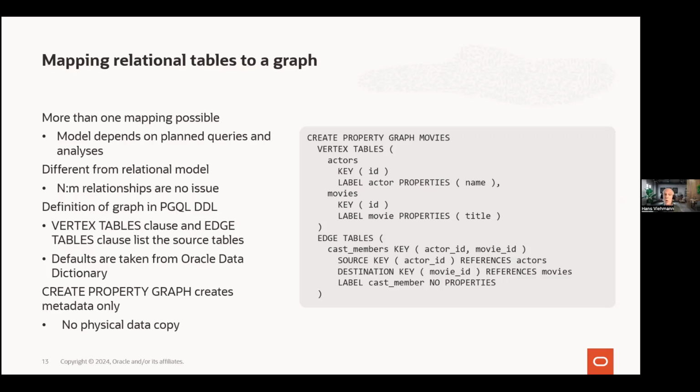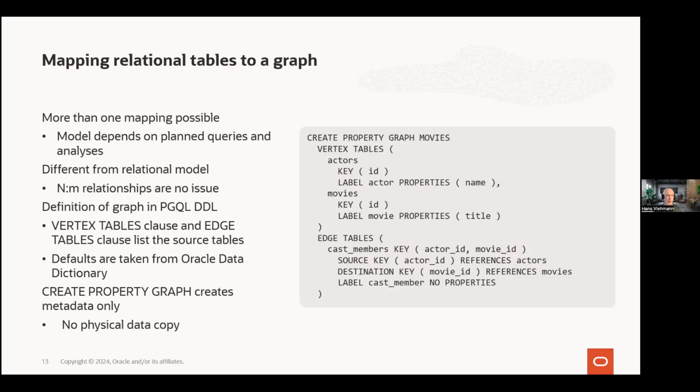The edges do have directions, like here. We have a source, the source is always the actor, and the destination is always the movie. So they are directed, and the direction is actually important for many use cases, while for others it is not. And I'll show you this in practice in just a second.